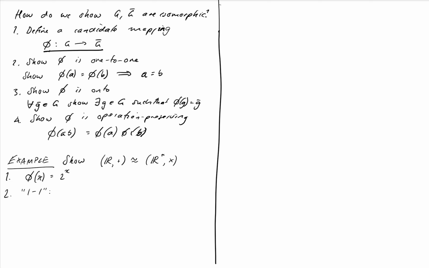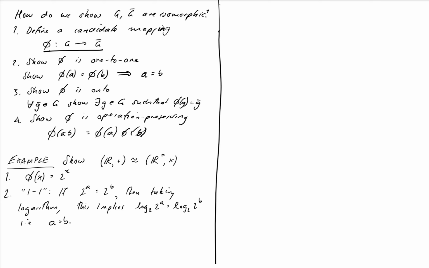So that means we're going to show that if phi of A is equal to phi of B, so assume that phi of A is equal to phi of B, then we know, taking a logarithm, this implies that, just take log to the base 2 of 2 to the A equals log to the base 2 of 2 to the B, i.e. A equals B. Okay, so we're just assuming that we're allowed to use some of these things from calculus that we've met before.